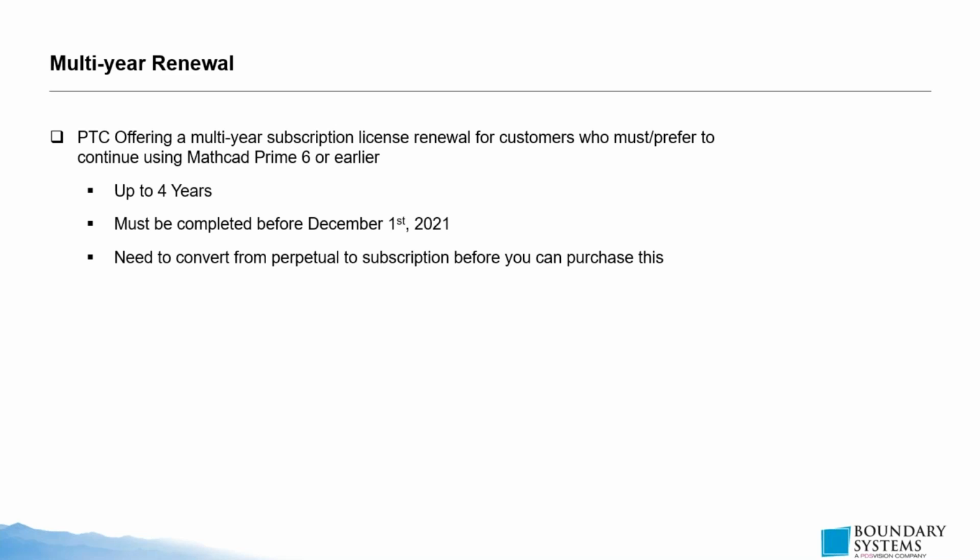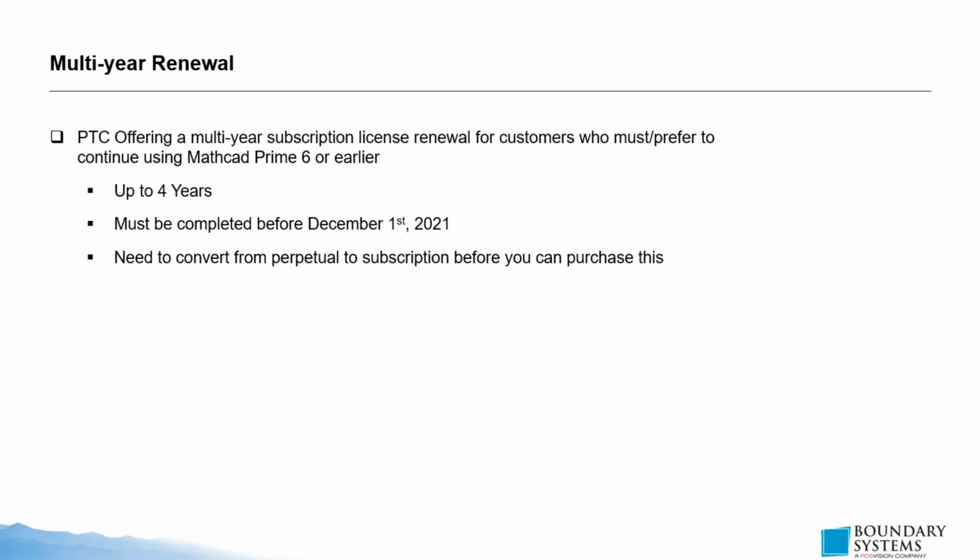Past that Mathcad Prime 7 update, you do still have the option of doing a multi-year subscription license renewal for any of you who need to use or prefer to use Mathcad Prime 6 or earlier. You are limited in that you can only purchase a subscription license for up to 4 years. You need to have this done by December 1st so everything can be processed in time.